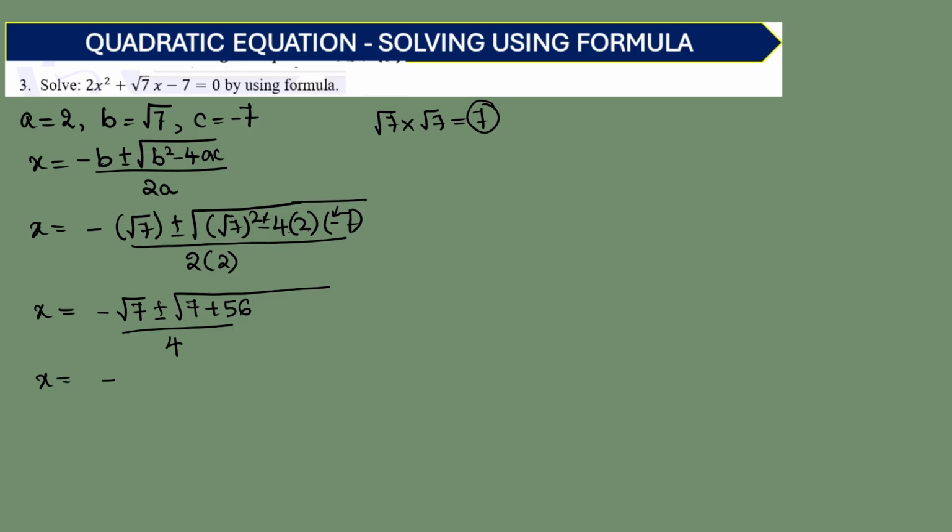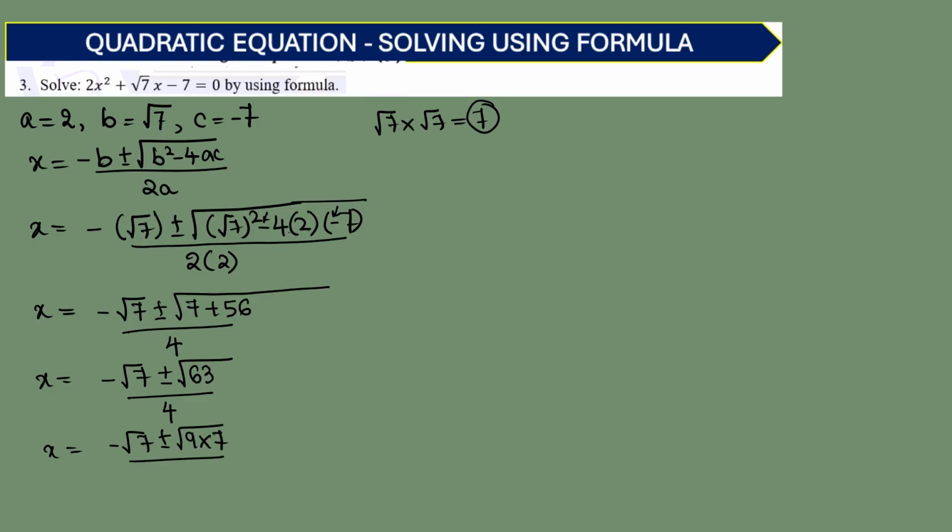So x is equal to minus under root of 7 plus minus root of 63 upon 4. So what is the value of x? Minus root 7 plus minus, what is 63? 63 is 9 into 7, isn't it?